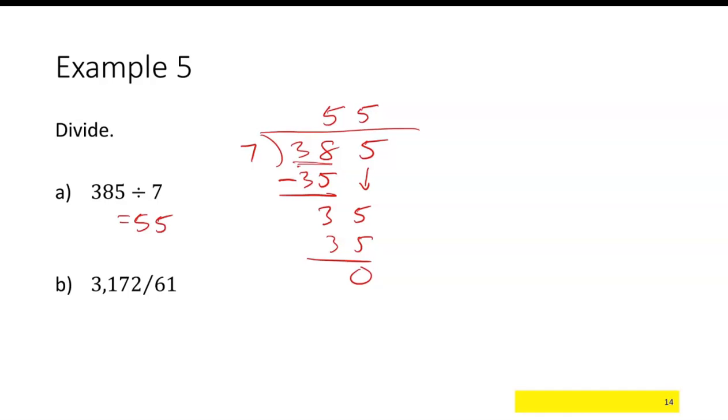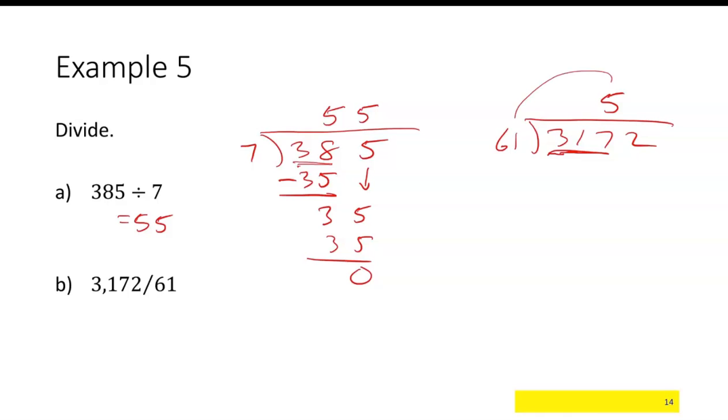If I want to figure out 3,172 divided by 61, well, 61 does not go into 3 or 31, so let's look at 61 into 317. I know 60 goes into 300 5 times, and that sounds about right. So I'll start with 5 there.